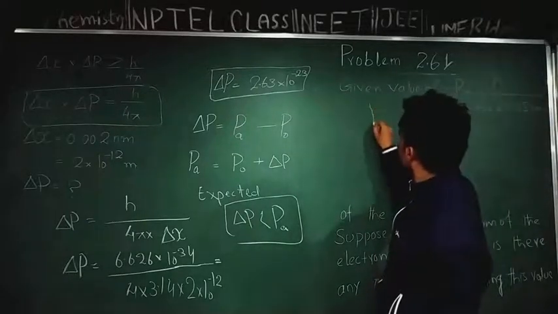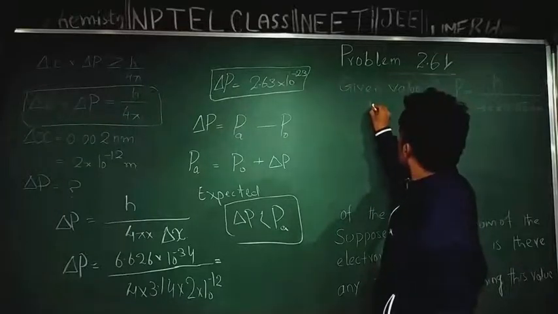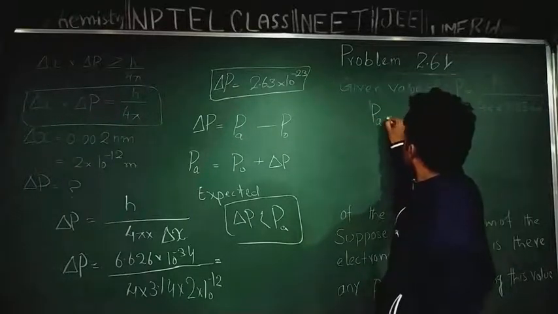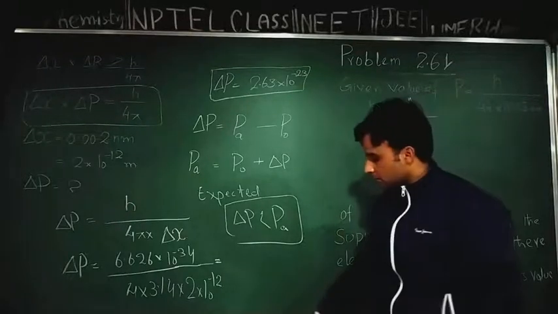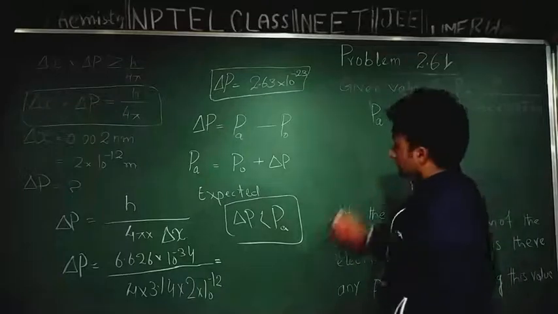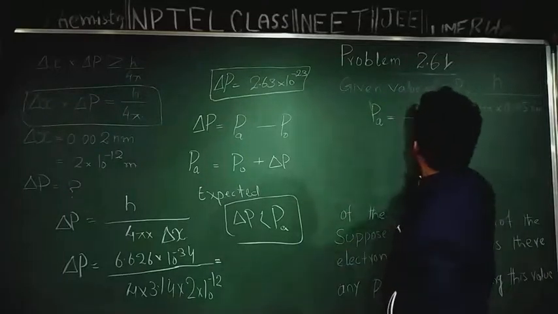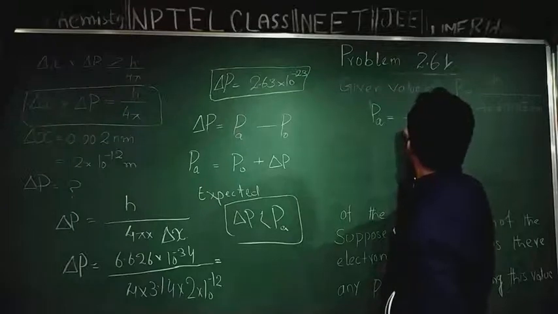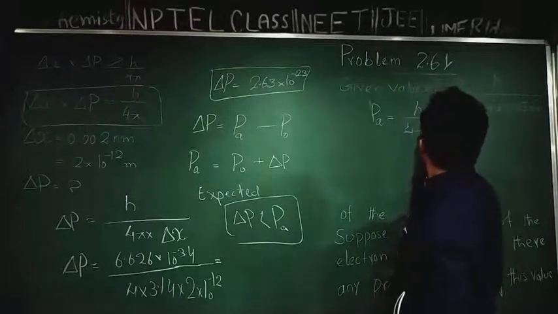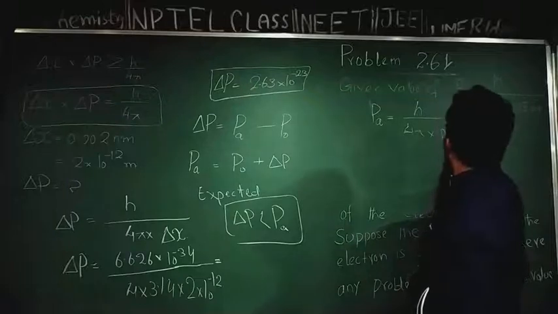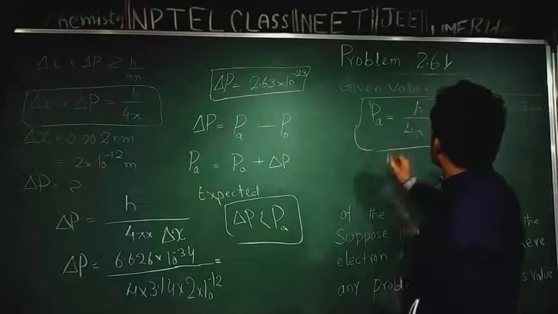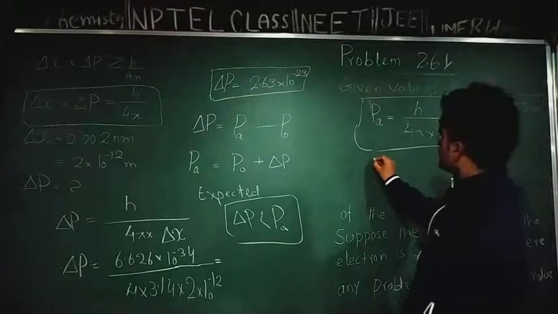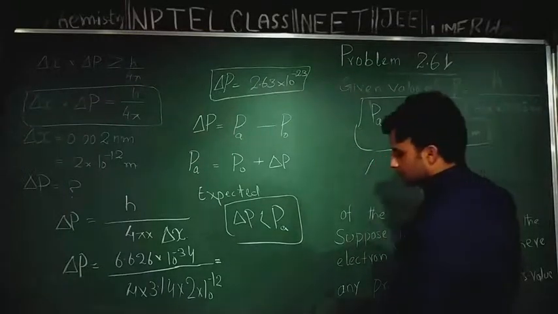For us this is p actual, the actual momentum, and actual momentum is equal to h divided by 4 pi into 0.05 nanometer. Now I will compare this with the uncertainty in momentum value, these two values.